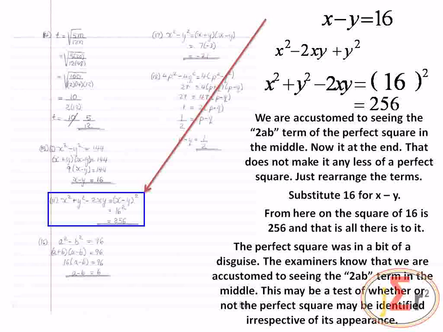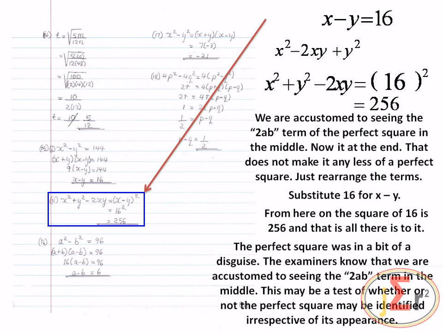The examiners know that we are accustomed to seeing the quote-unquote 2ab term in the middle, the one that is 2 times the product of the two terms. This may be a test of whether or not the perfect square may be identified irrespective of its appearance.